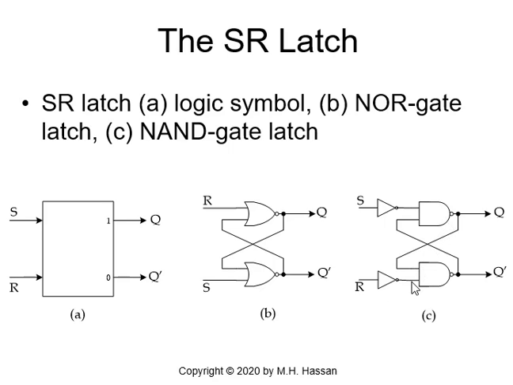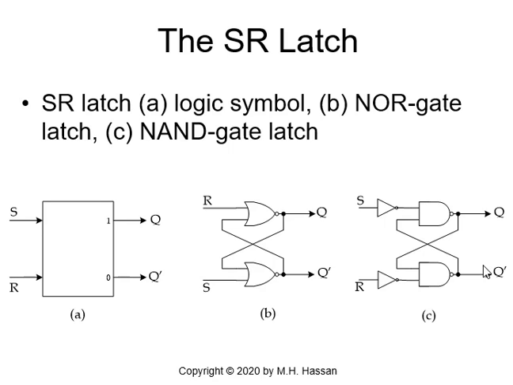So 1 NAND 0 will be equal to 1. And 1 NAND 1 on the upper, because S is 0, so S prime is 1, so 1 NAND 1 is 0. So Q plus is 0, and Q prime plus is 1.